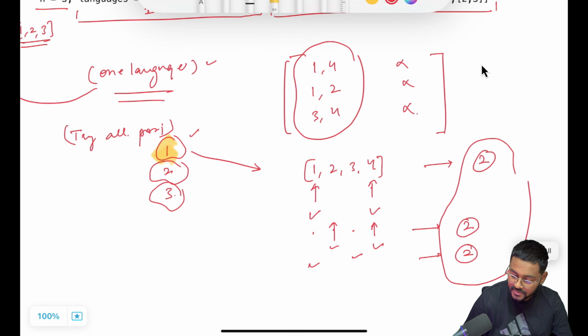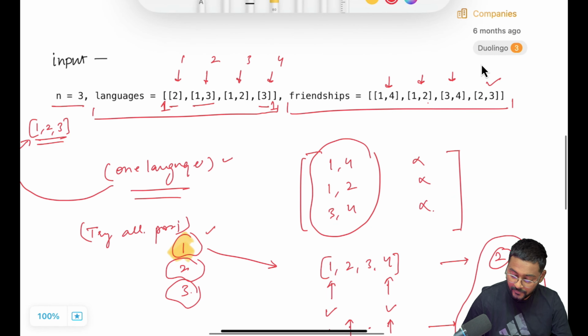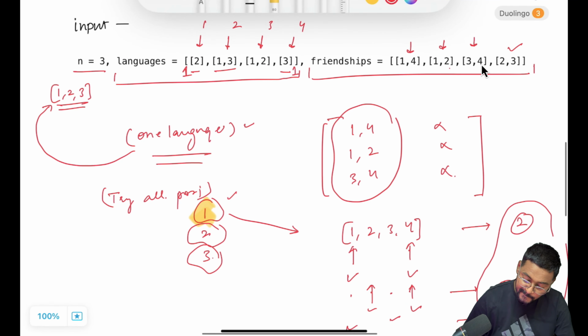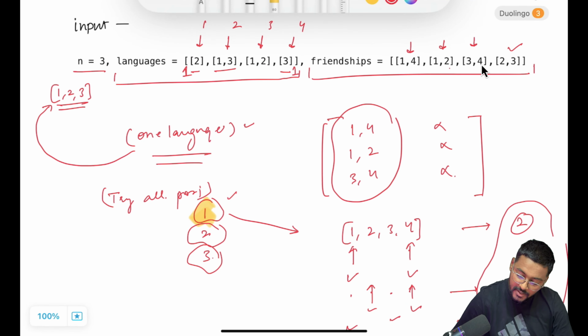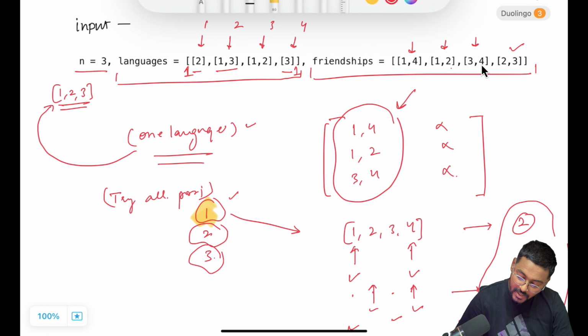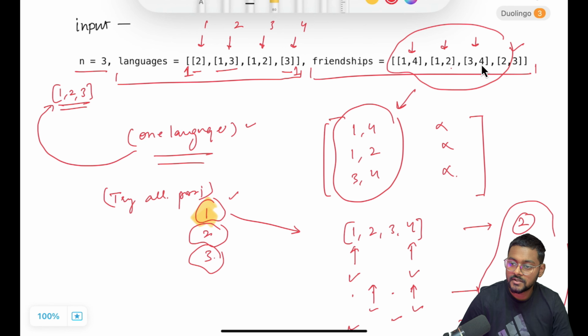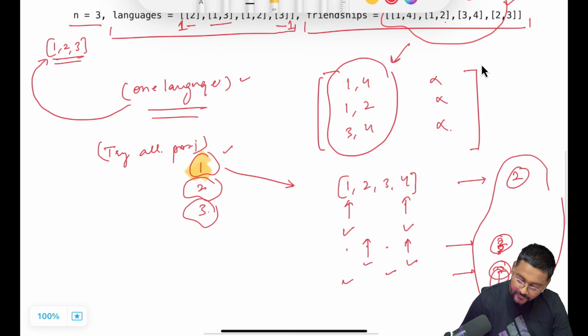If let's say in this case something like 2, 3, 1, in that case I'm going ahead with the 1, and 1 is going to be my answer. So this is something we have to do. So what I did exactly is I have chosen a set of friendships where they are not able to communicate with each other, and then I feel the need of converting those sets into a set.